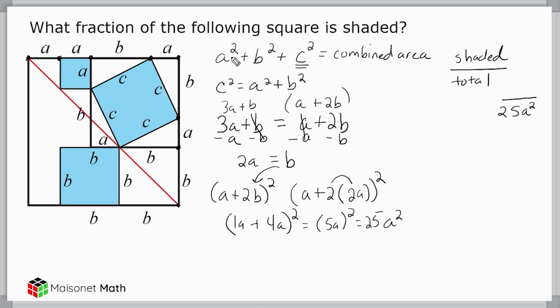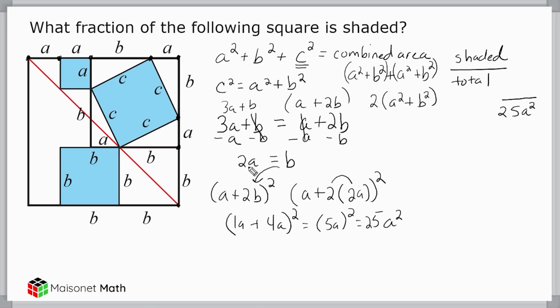So what we're going to do is we're going to rewrite this equation as A squared plus B squared plus, and then we substitute this with A squared plus B squared. Now, what that means is we have two sets of A squared plus B squared. So we can summarize that as doubling A squared plus B squared.